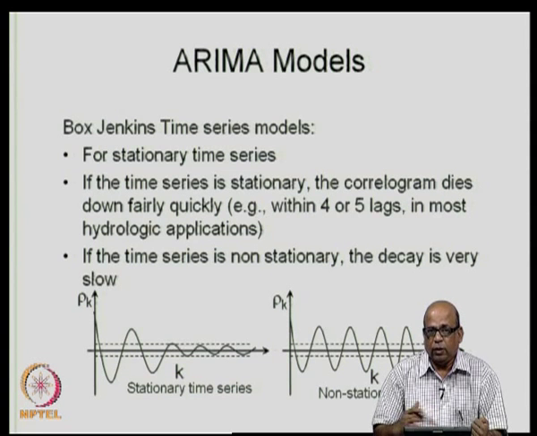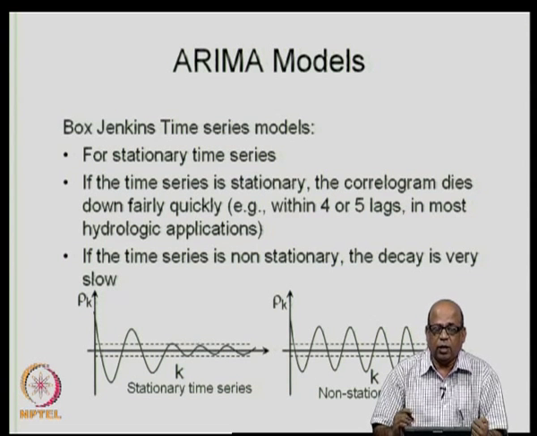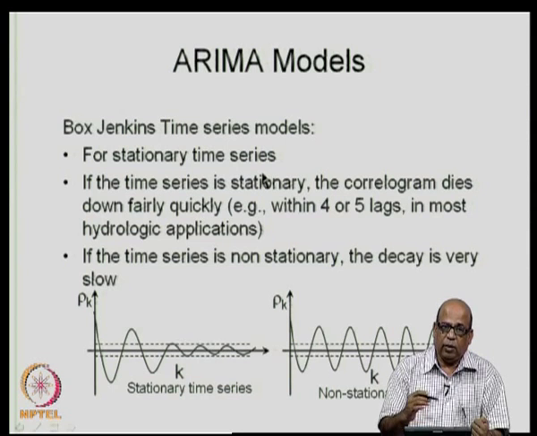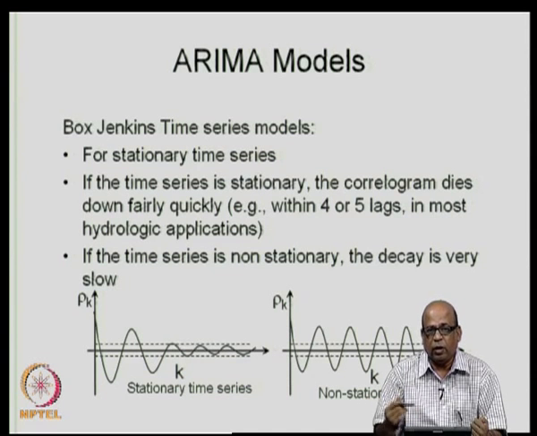So, the models that I will be discussing are only for stationary time series. There are also non-stationary time series models. They are beyond the scope of this course, but keep at the back of your mind that much the same way we develop the stationary time series models, you can also develop non-stationary time series models adapting other methods.